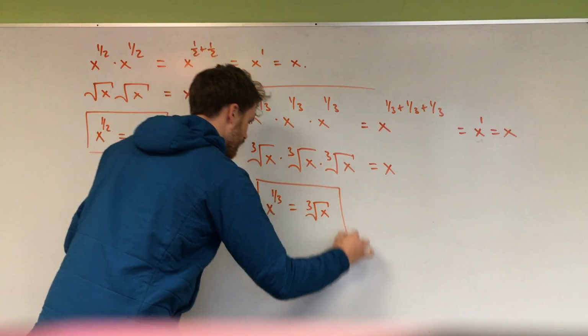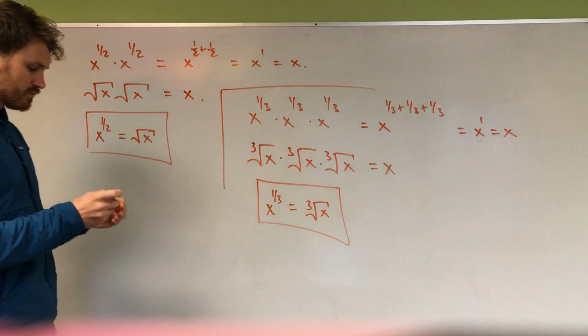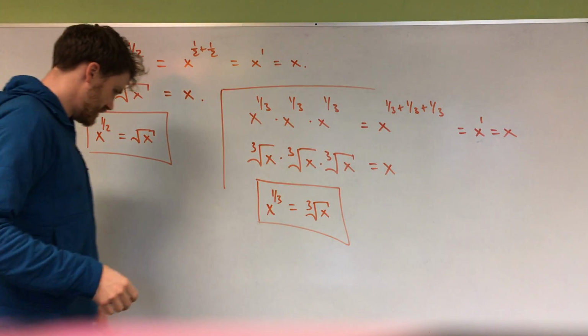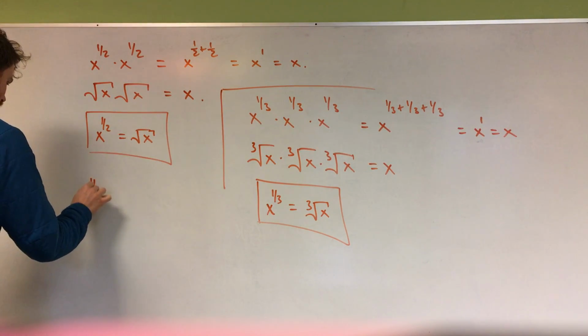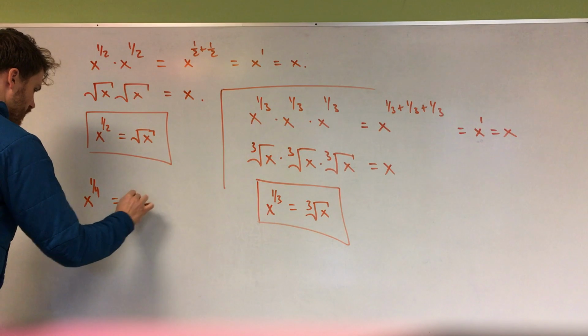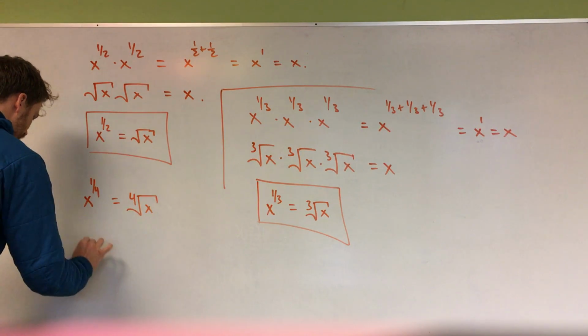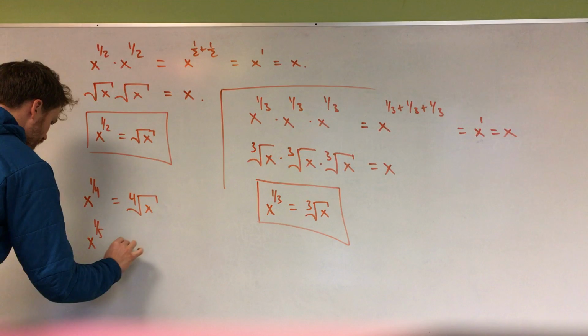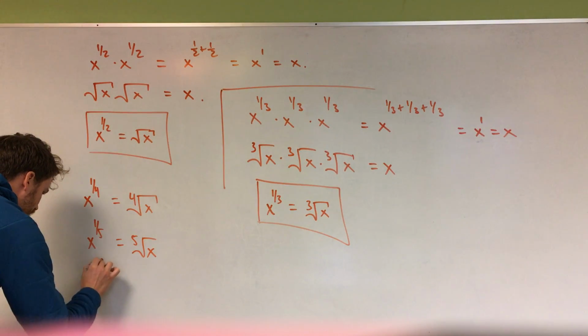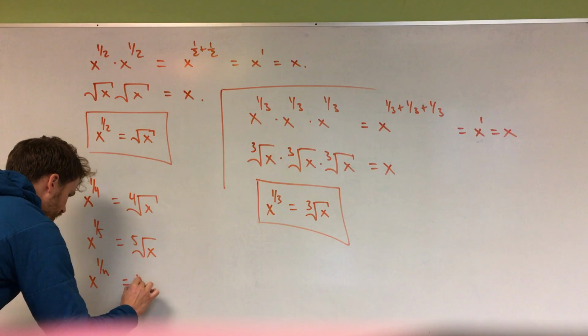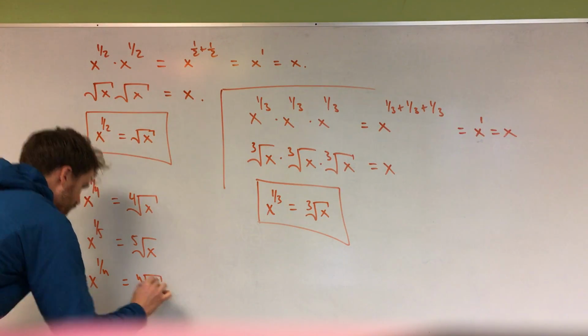Of course, we can extend this and say that x to the 1/4 is the 4th root of x. X to the 1/5 is the 5th root of x. And x to the 1/n is the nth root of x.